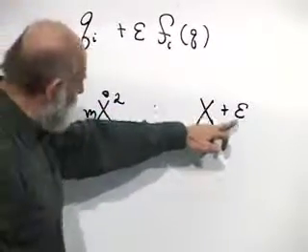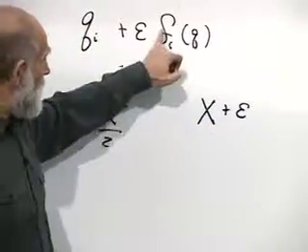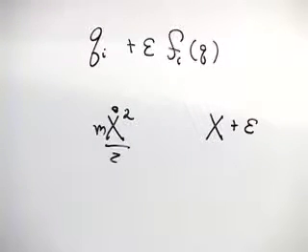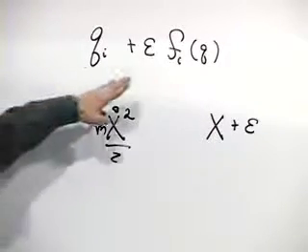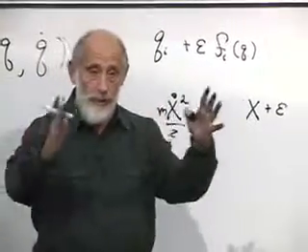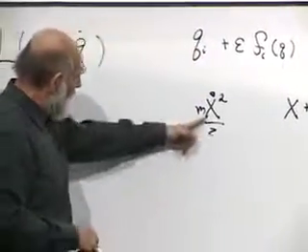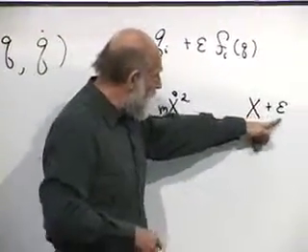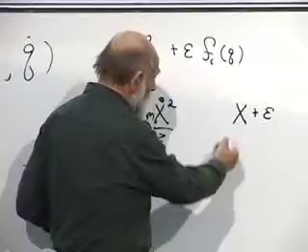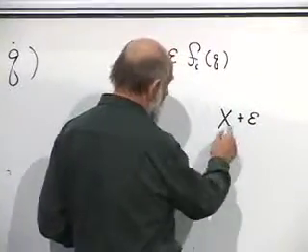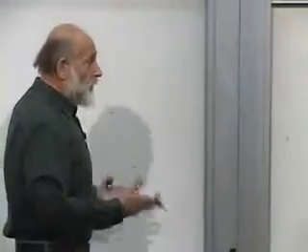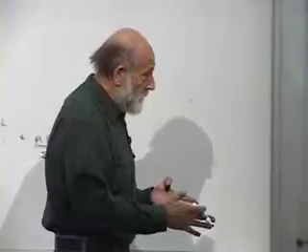Incidentally, these f's are not supposed to depend on time. No time dependence at all. Just a constant shift of the q's. Here's a constant shift of the x's. If I shift x by a constant amount, it does not change x dot. It doesn't change the velocity. The change in the velocity is 0 because epsilon doesn't depend on time. So the Lagrangian doesn't change if you shift x a little bit.